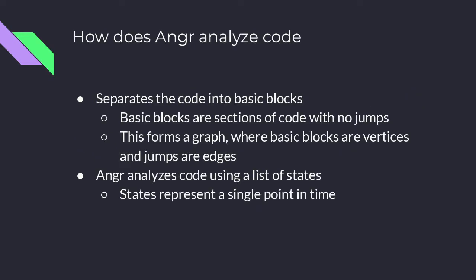So what Angr does is it splits the code into a concept called basic blocks. And what a basic block is, it's a section of code that doesn't have any control flow in it. No jumps, no returns, none of that. And then basically you can generate a control flow graph.